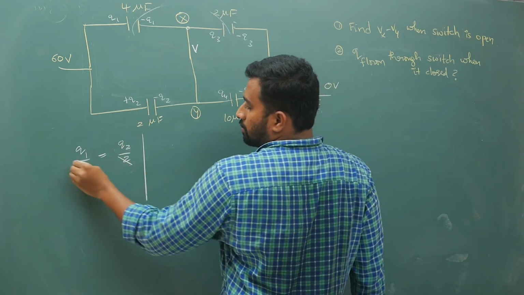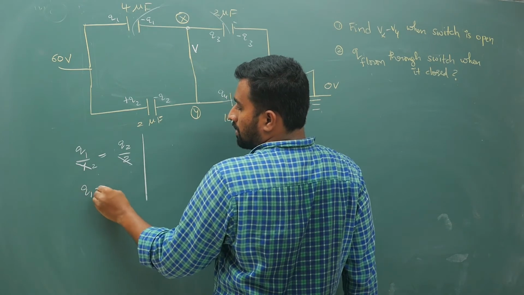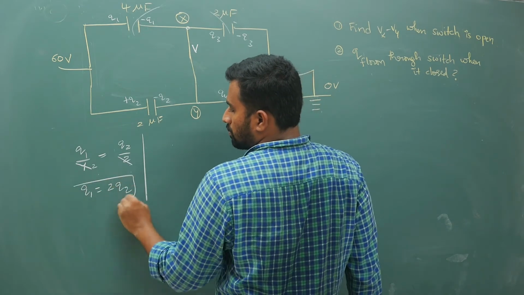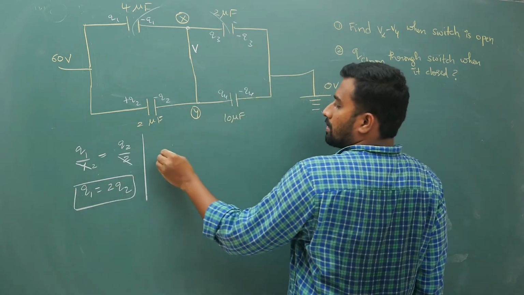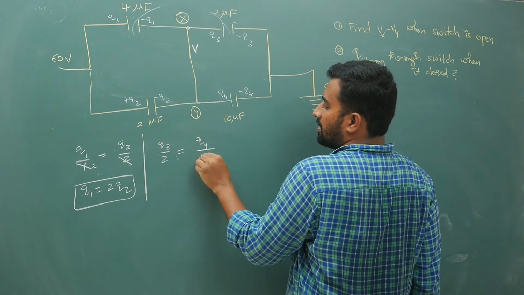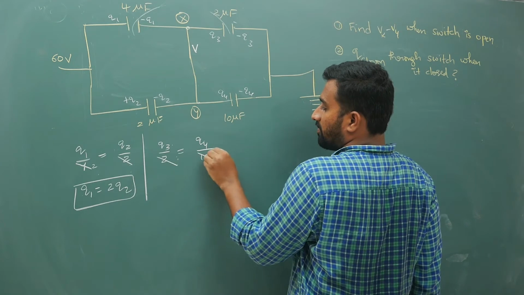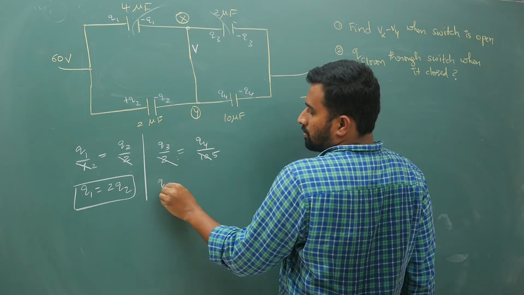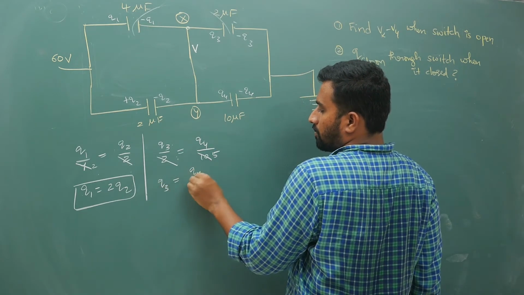So from here, 2 1s are 2, 2 2s are 4, so q1 is equal to 2q2. Next, q3 by 2 is equal to q4 by 10, 2 1s are 2, 2 5s are 10. So q3 is q4 by 5.